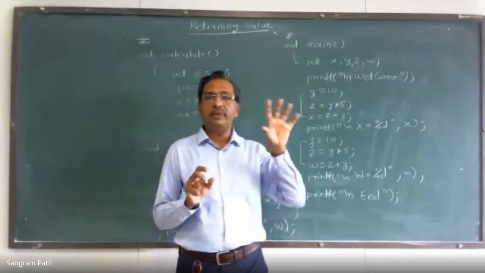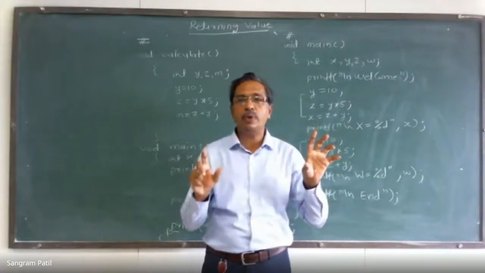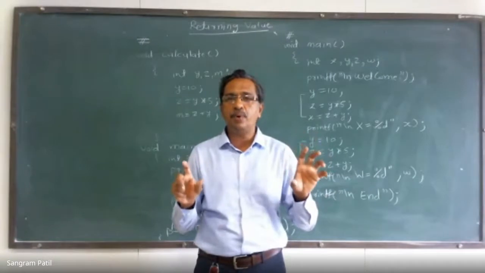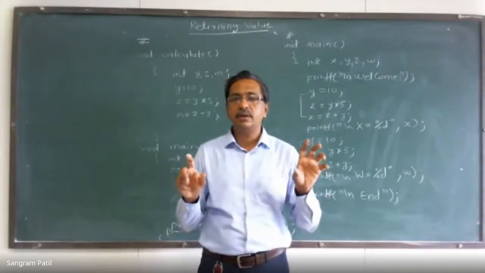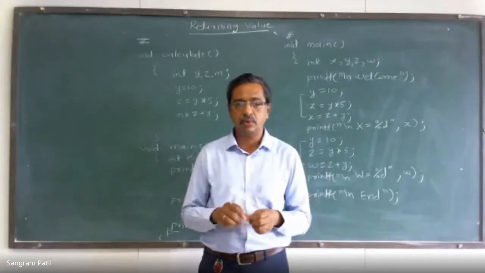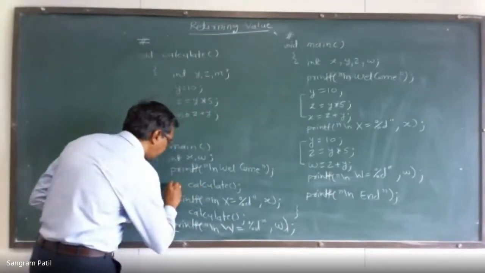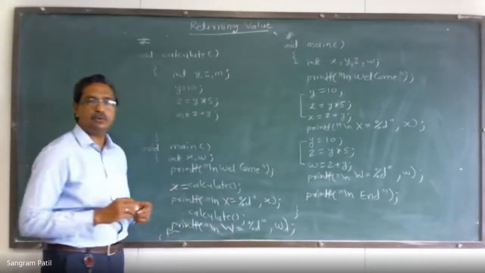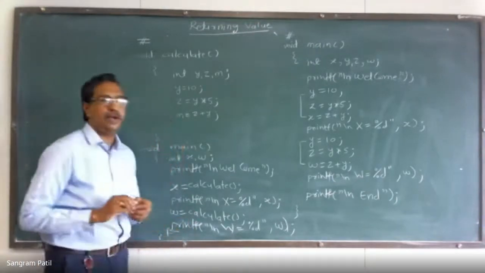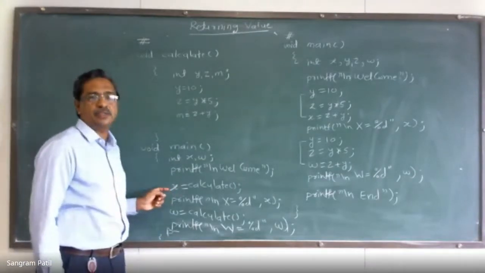The calling program first requests for the value from a function. To make a request, what we can do here, first time we want value into the x, second time we want value into the w. So this is called the request.